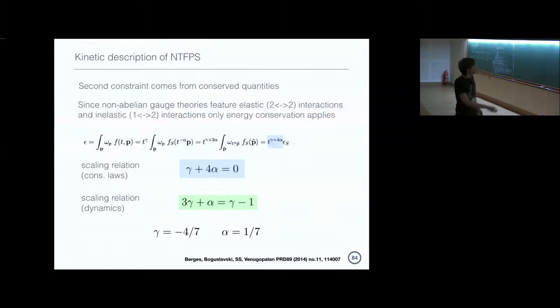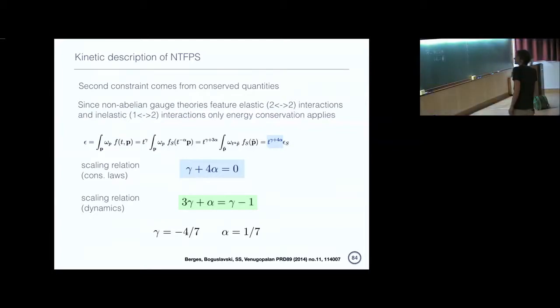And so you can again evaluate the energy. The energy is the energy of each particle times the distribution of particles, integrated over momentum. So you can again plug in your ansatz here, and you find a second scaling relation, which simply comes from the conservation law.